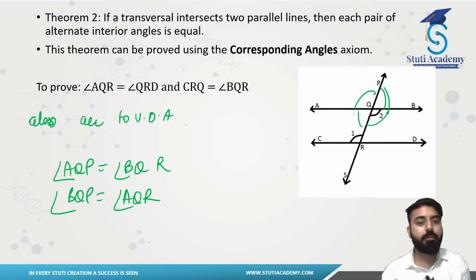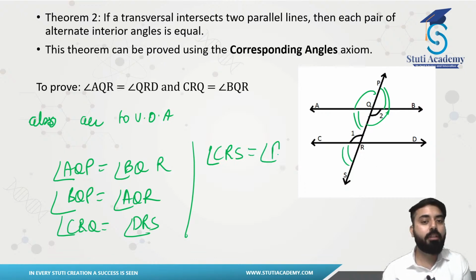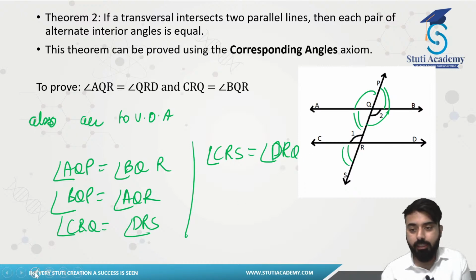That angle will be same as that one. Also, angle CRQ will be same as angle DRS, and lastly, angle CRS, that means this one, will be same as angle DRQ. So I know, let me just write them neatly and name them properly.